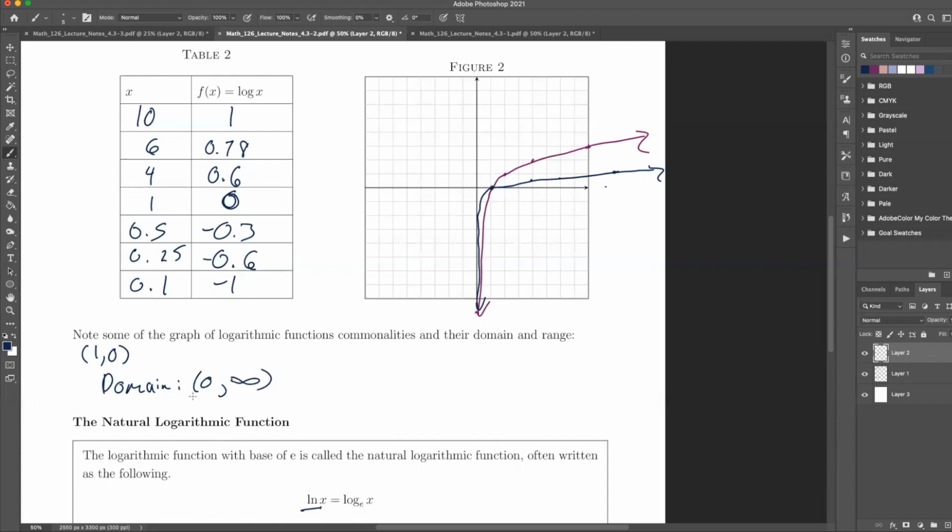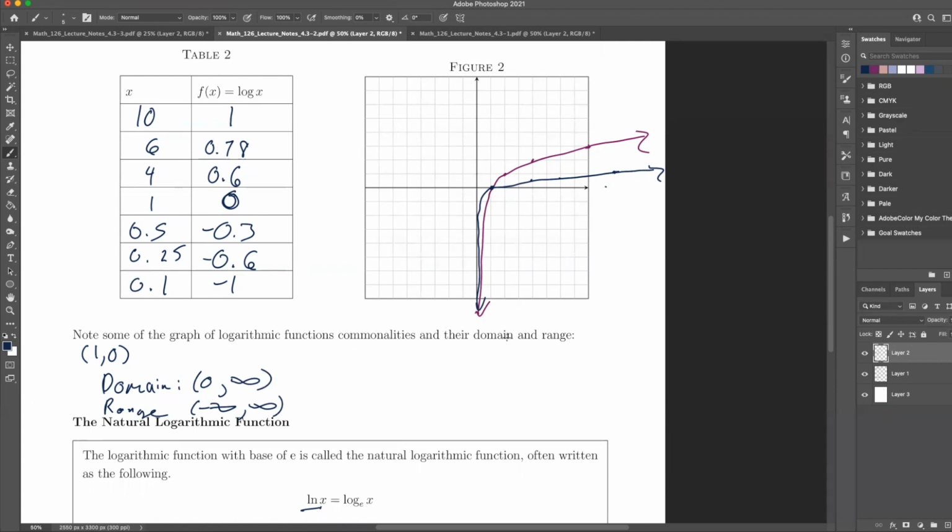And that makes a lot of sense because the range here is from negative infinity to infinity, any number, we can hit them. Remember that for the exponential function, the domain was negative infinity to infinity, and the range was from 0 to infinity. So it makes sense the inverse has those swapped, as you would expect.